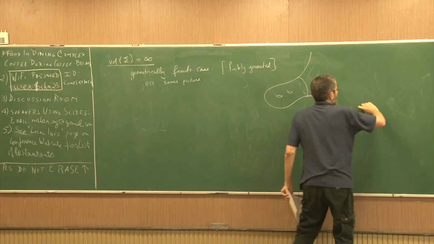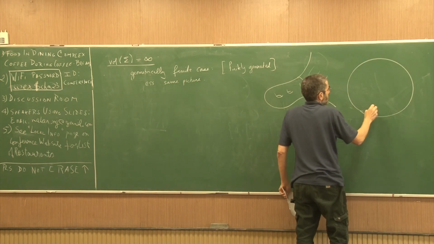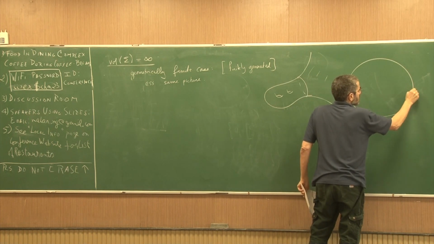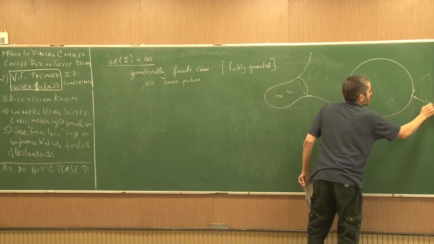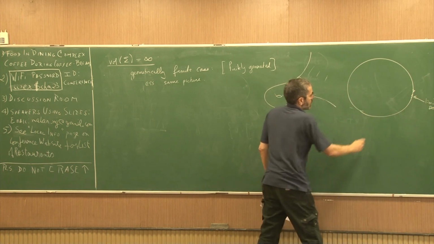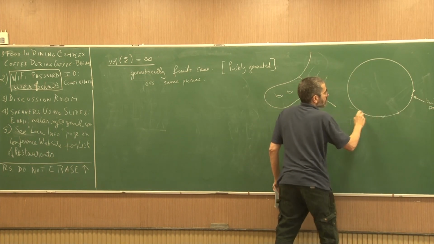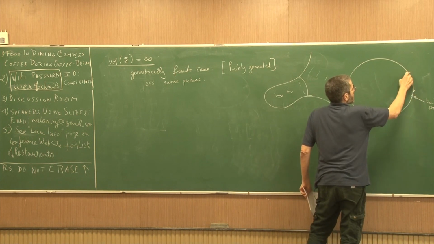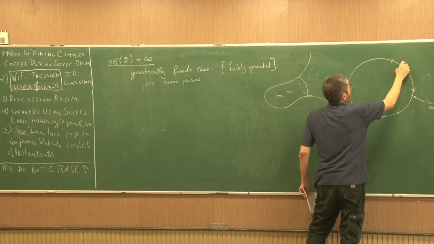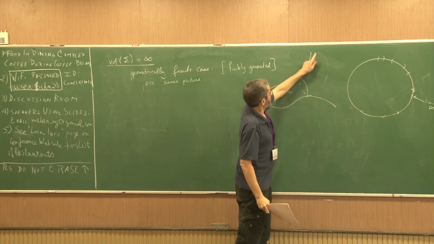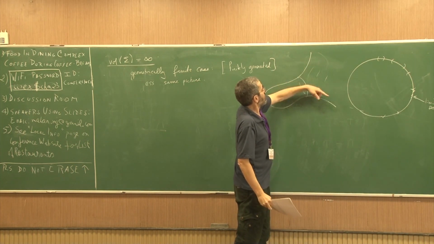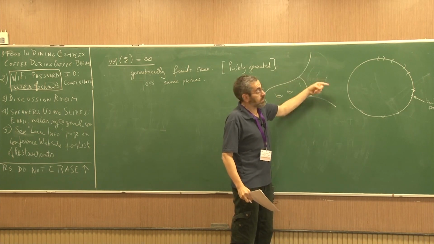In the universal cover, without getting into details, there's a limit set which is some closed invariant set for the group, which is not the whole circle. And then there are these complementary intervals to the limit set. And those correspond to kind of a universal cover at infinity for this end.